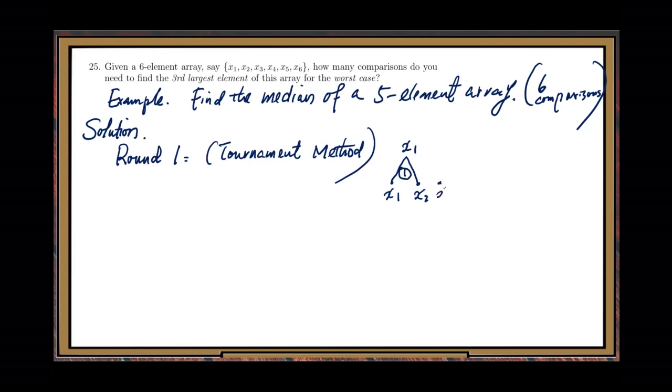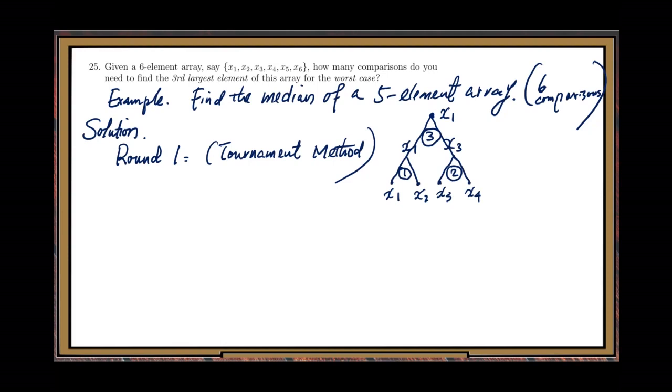Then x3, x4. This is our second comparison, and we can assume x3 is the winner. Then the third comparison, and we assume x1 is the winner.